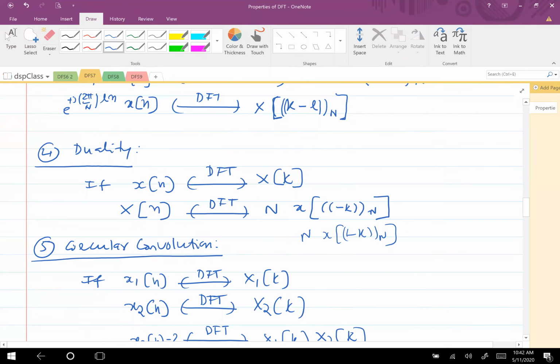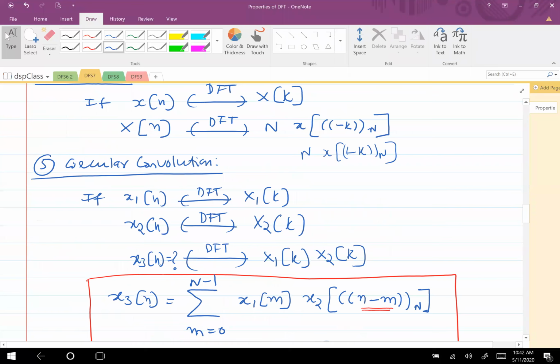Another important one you need to understand thoroughly is circular convolution. So far you have seen linear convolution and periodic convolution, and this is the last one, circular convolution.